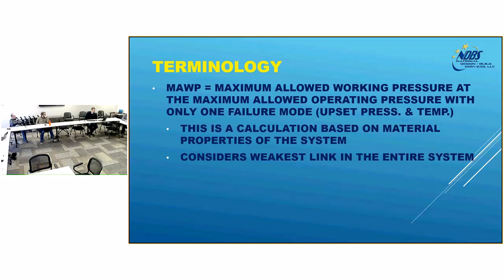You might have a class 150 piping system, but you might have a class 125 valve in that system, and you may have a flange that's only rated to 110 psi at a specific temperature. So you have to look at the entire system, and your maximum allowed working pressure of any system is always the weakest link in that entire system.